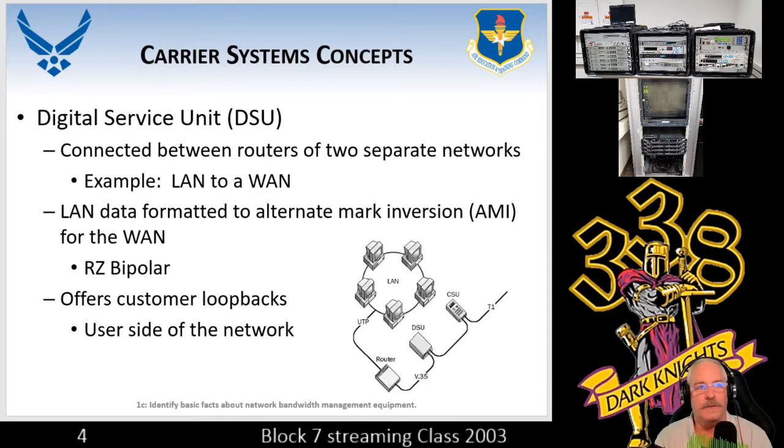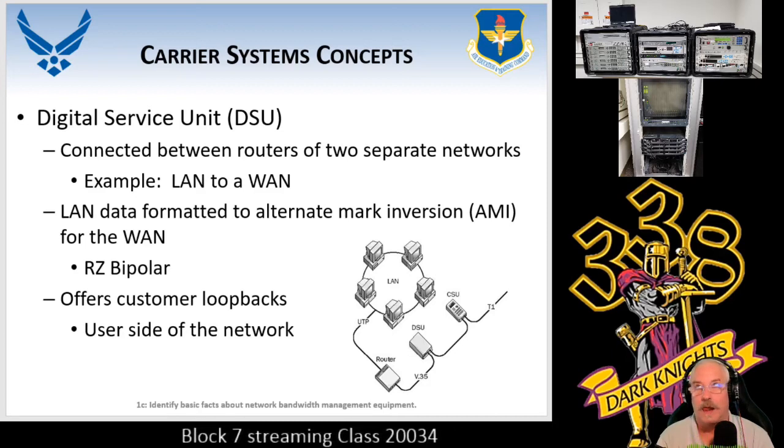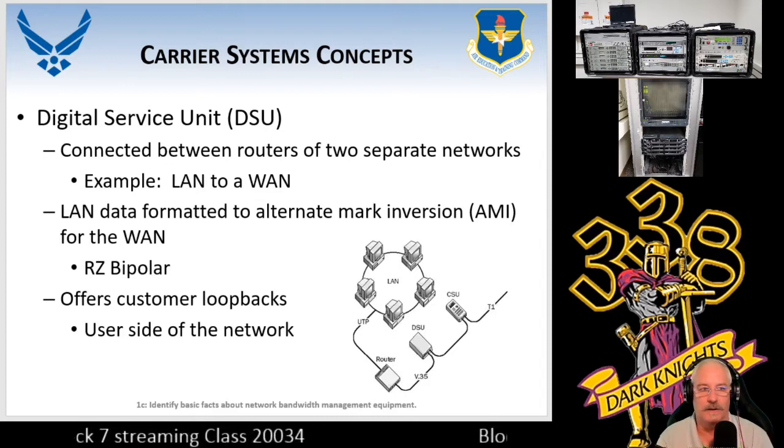Next up, we have something with carrier system concepts. This is where we see some confusion when you are doing your studying. The easiest way is to take a look at this picture. You will see that we have a LAN set up with a router, and then it goes to a DSU.